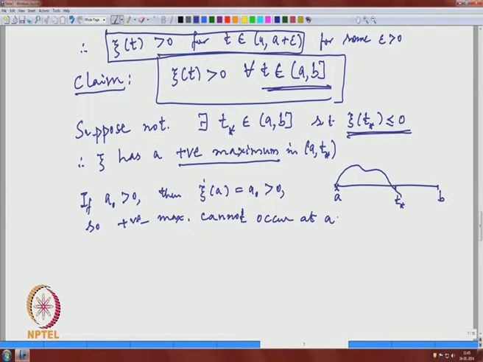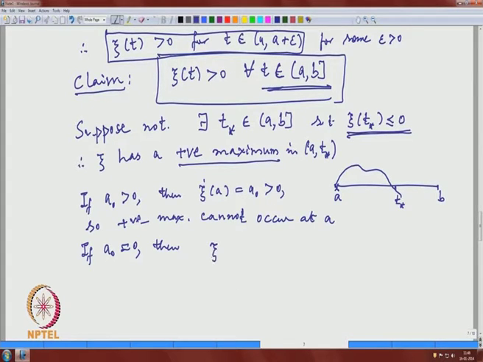Okay. And if A 0 is 0, then look at J double dot A from the equation. So, go back to the equation.